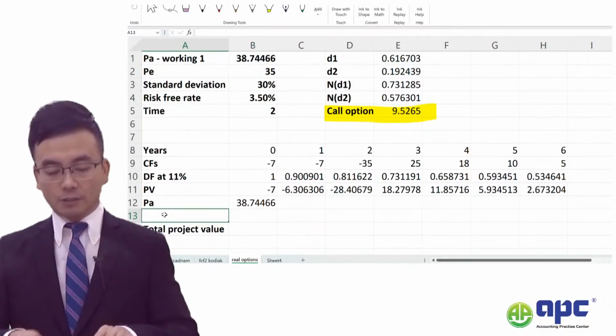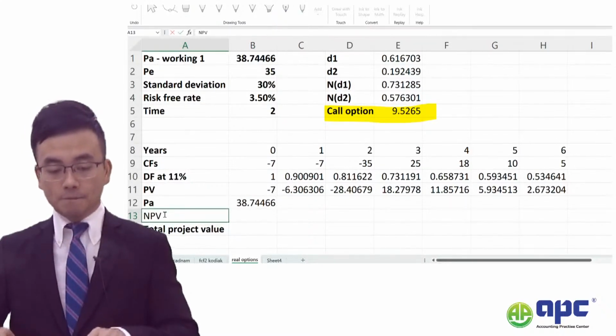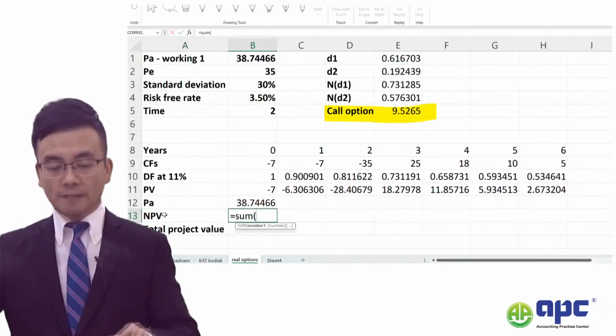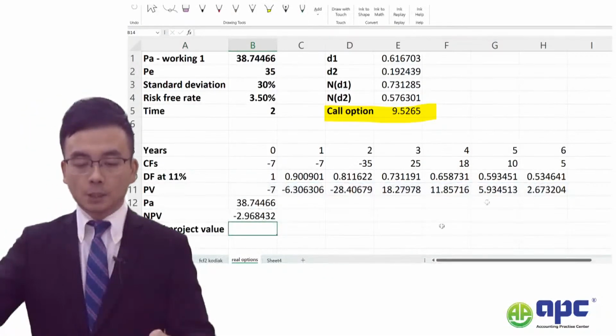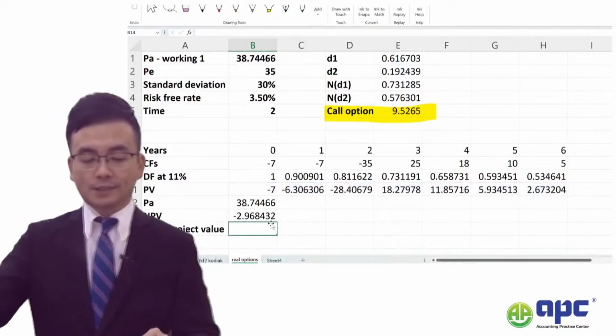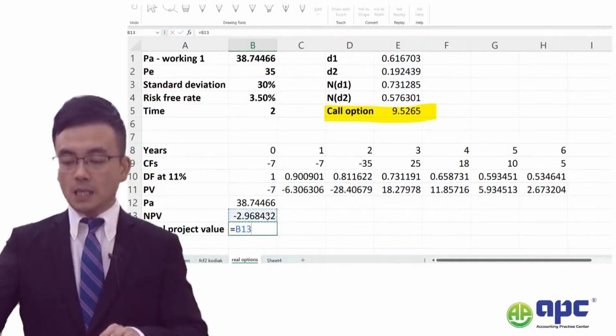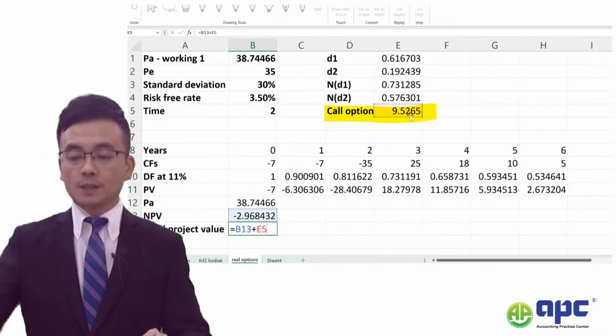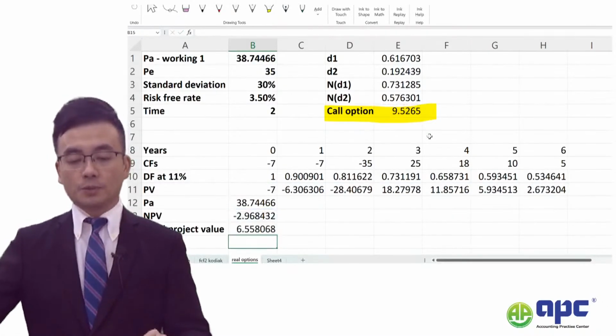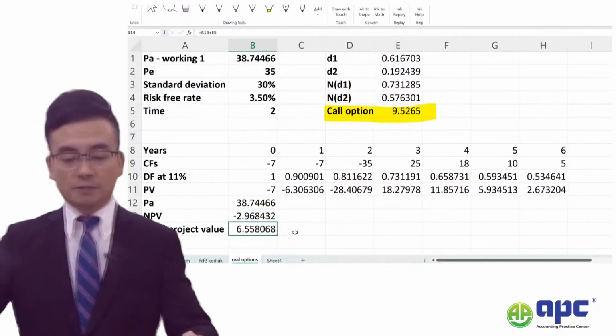Just to calculate the project NPV, by including all the investment, summing them all together, that'll be minus 2.96. So the total project value would be the NPV plus the call option value of 9.52. So that would be 6.55.